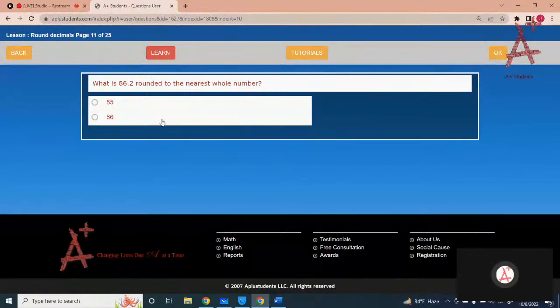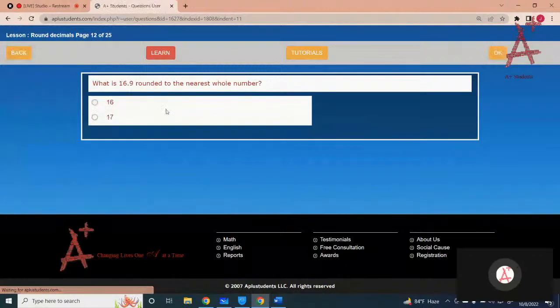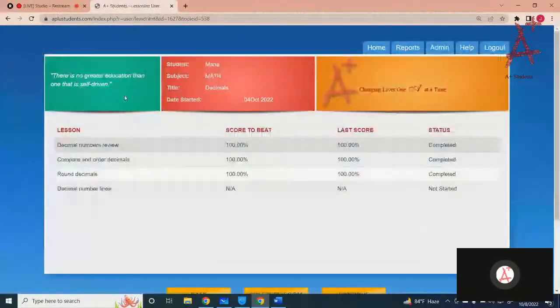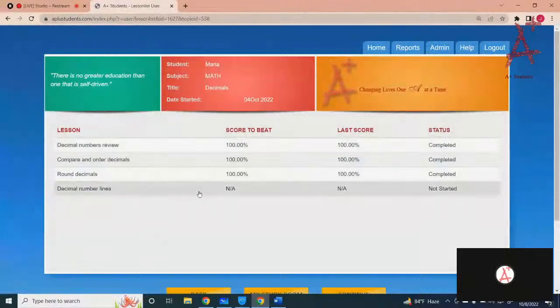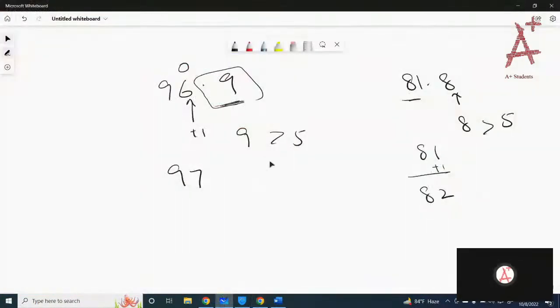So you can complete the test by yourself later today. I'm just moving on to the next topic. If you need more help with the topic, you can contact any tutor on Skype. They are available Monday to Friday, 5 to 9. Got it? So we are going to move to the next lesson, that is decimal number lines.